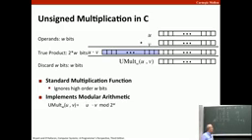So if I multiply 3 times 5, that is of course equal to 15. And in an unsigned number, I can represent that. Right? So that's OK.